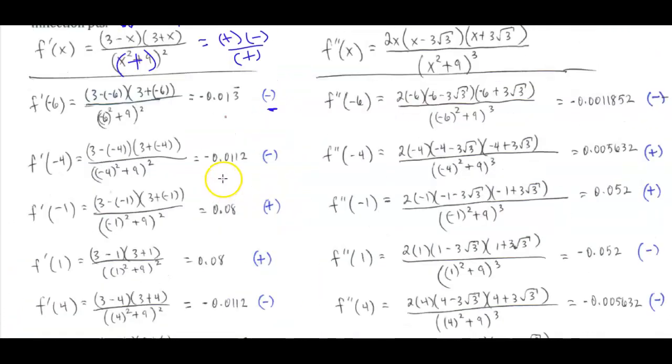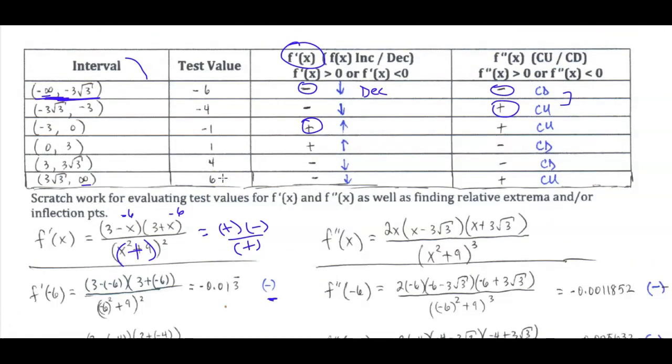Just like how we did before, now that we've gotten a little deeper into the graph, we can figure out where our local max, local min, and inflection points are just by looking at our chart. Since concavity switches, we know that at negative 3 times square root of 3, we are going to have an inflection point.